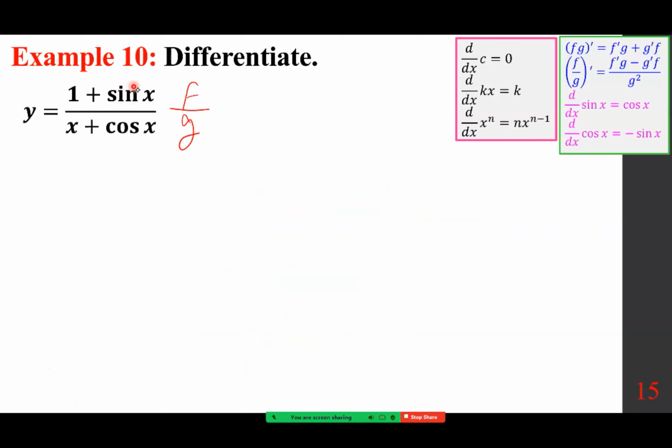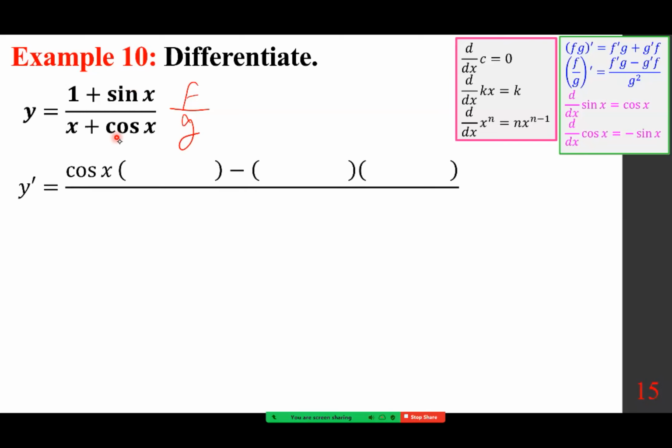And the top gives you cosine x times the bottom x plus cosine x, minus the bottom gives you 1 minus sine x times the top 1 plus sine x, and then just put the denominator and square it. And that's all there is to it when it comes to calculus.